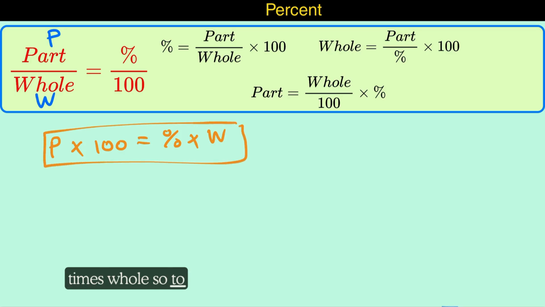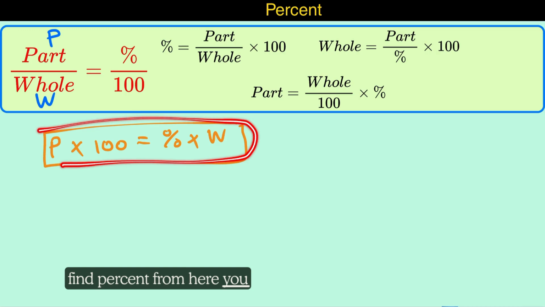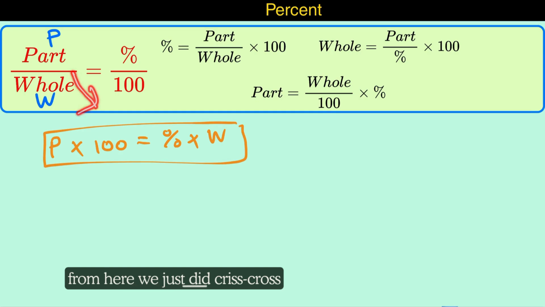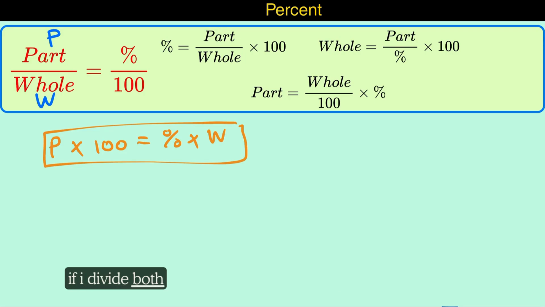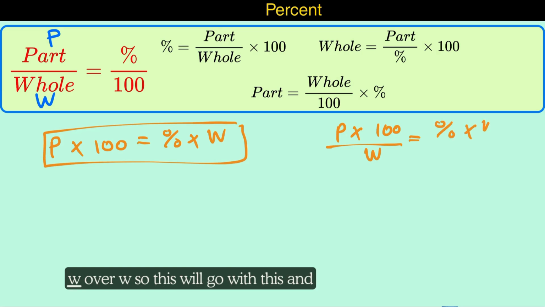So to find percent from here, you have to know how to find this one. From here, we just did crisscross. In order for me to find the percent, I need to divide by W. Divide both sides by W. So if I divide both sides by W, it's going to be P times 100 divided by W is equal to percent times W over W. So this will go with this.